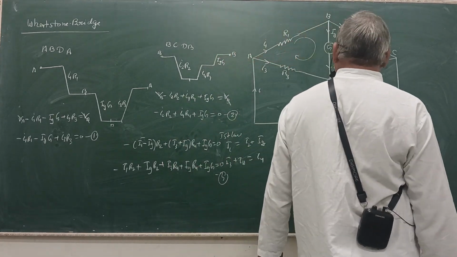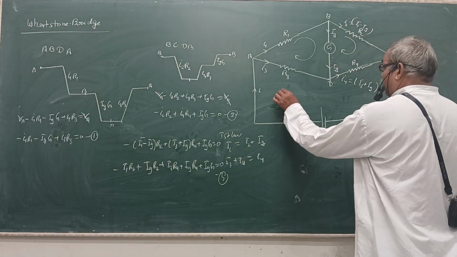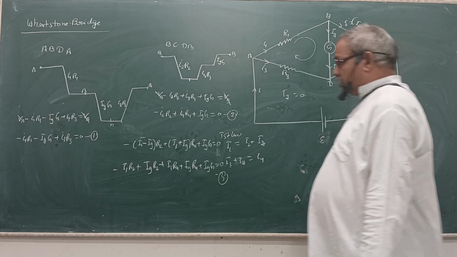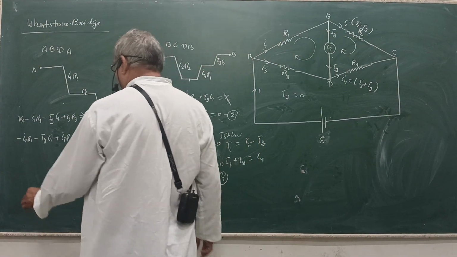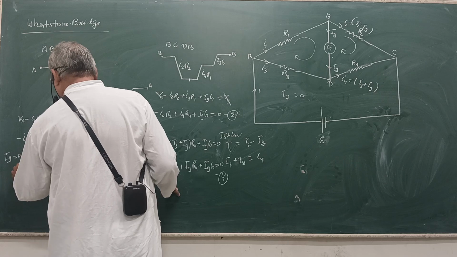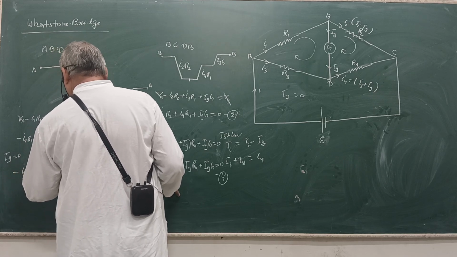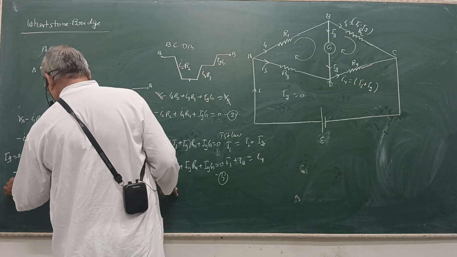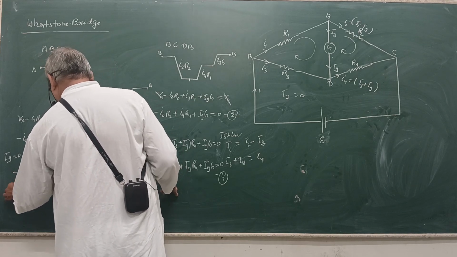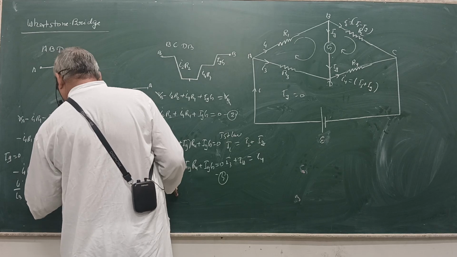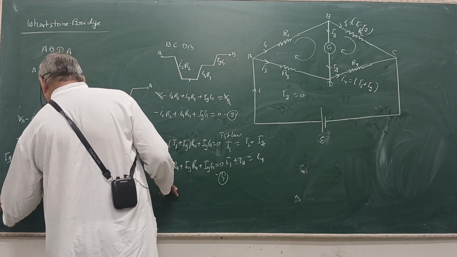This is the galvanometer balancing condition, where IG is equal to 0. This is the factor of IG equal to 0 balancing. So the equation is I1 R1 plus I3 R3 is equal to 0, so I1 upon I3 is equal to R3 upon R1.